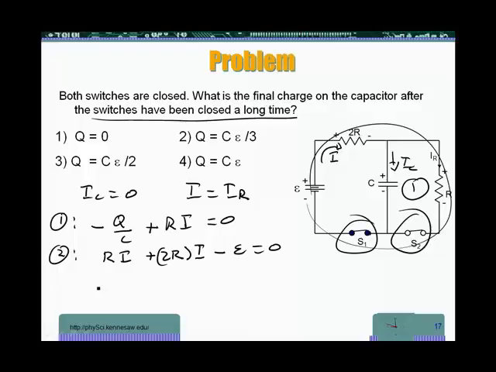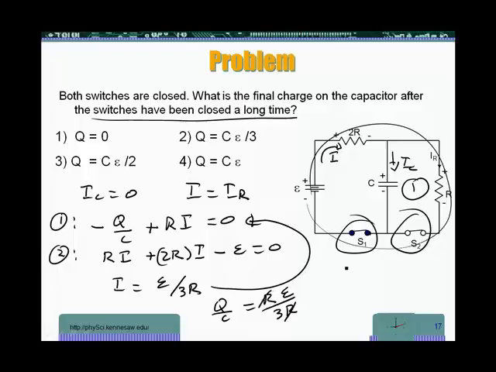So from the second equation, we get I as equal to E over 3R. Now, if we plug this in the top equation, we get Q over C is equal to R times E over 3R. The R's cancel out, and we get Q is equal to E C over 3. So that's my answer.